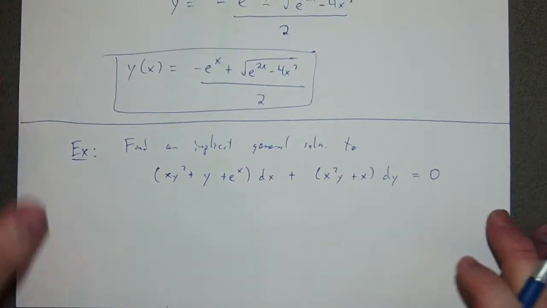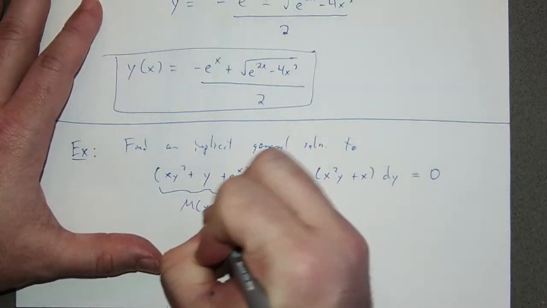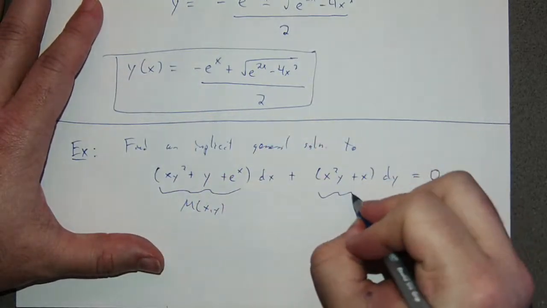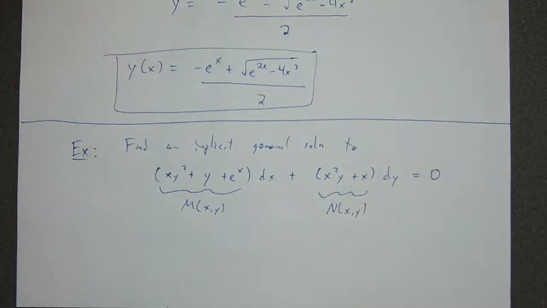So here is my M of xy, here is my N of xy. First, I check exactness.